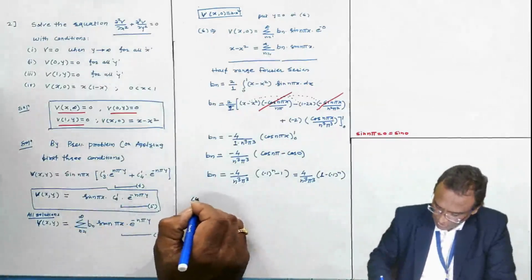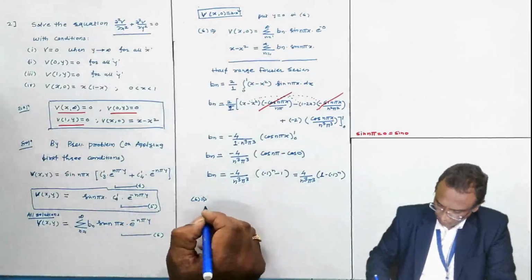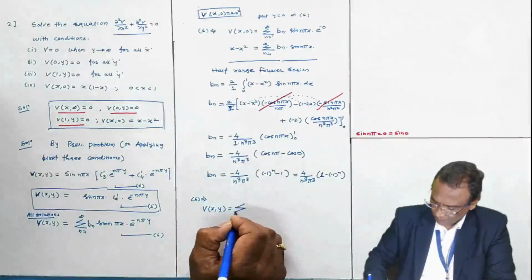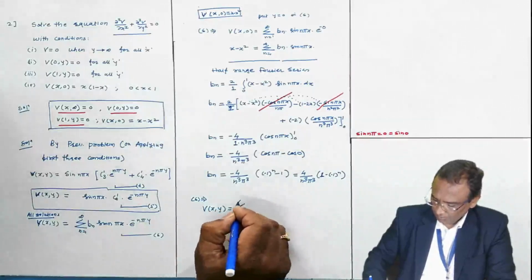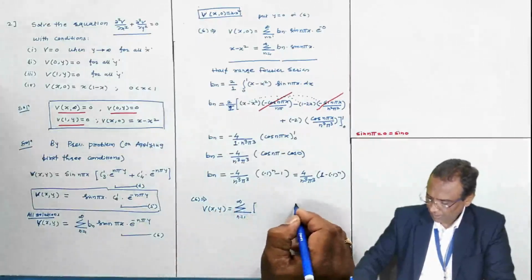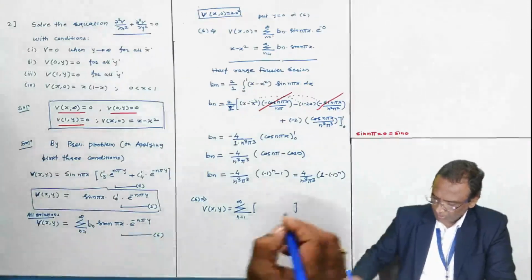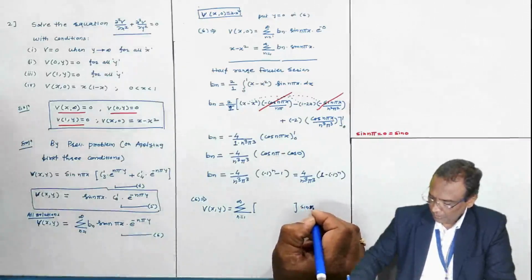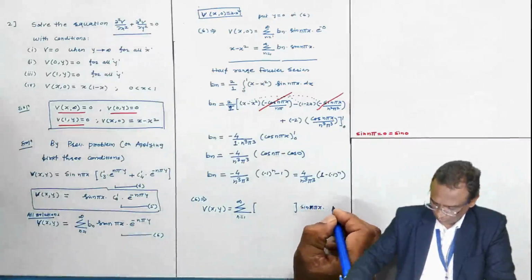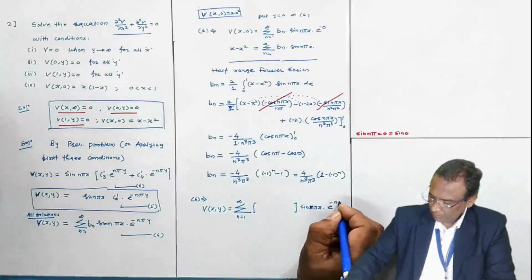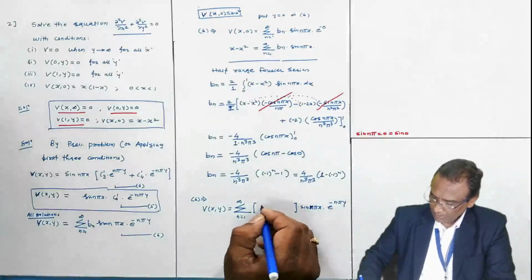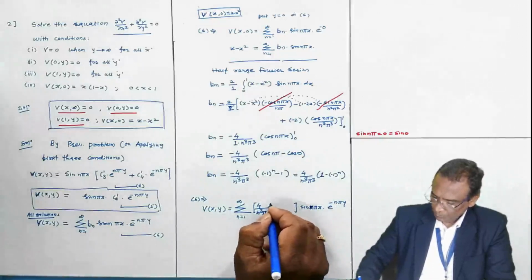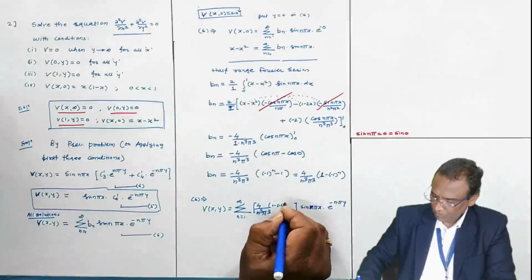Therefore, equation 6 implies V of xy is equal to summation of bn sine n pi x e to the power minus n pi y, and the value of bn is 4 by n cube pi cube times 1 minus 1 to the power n.